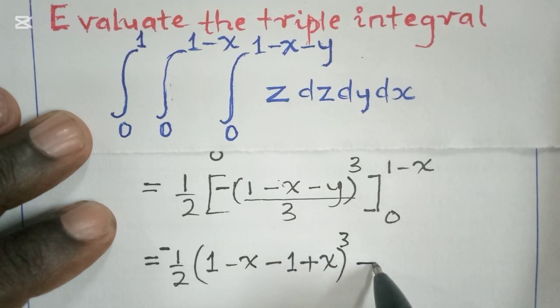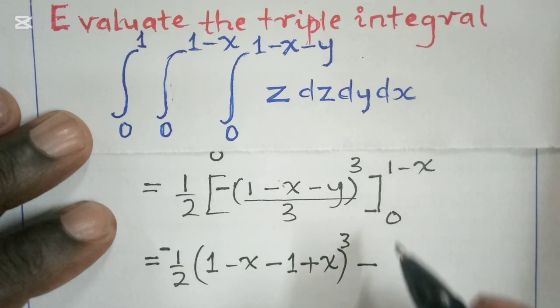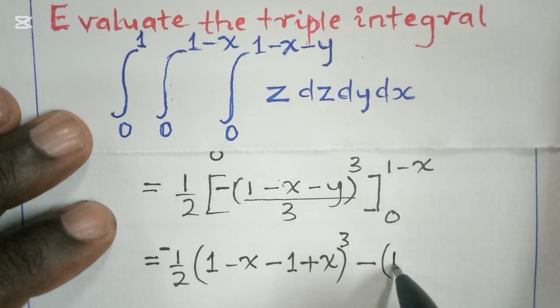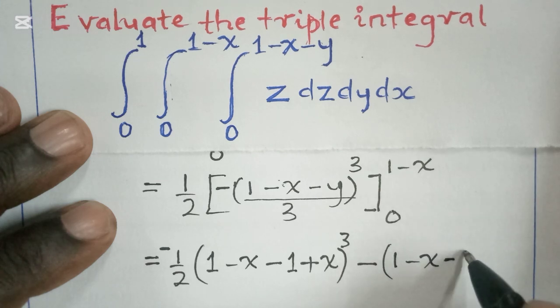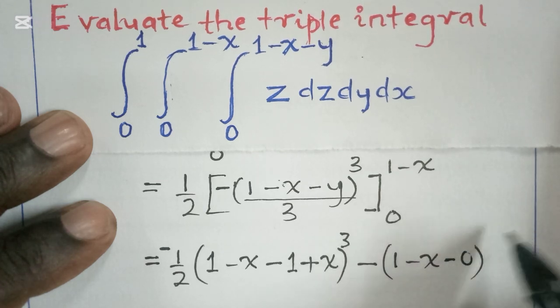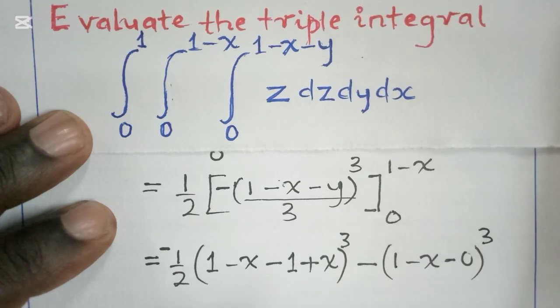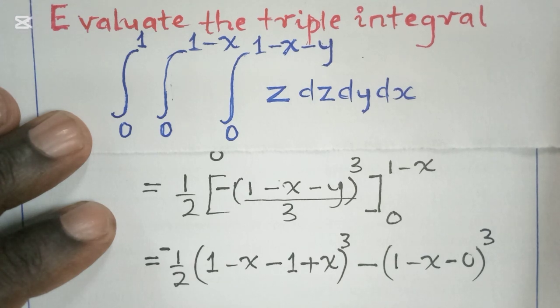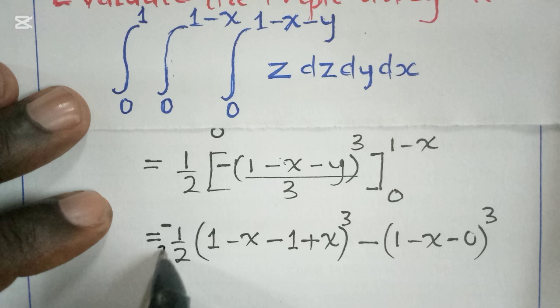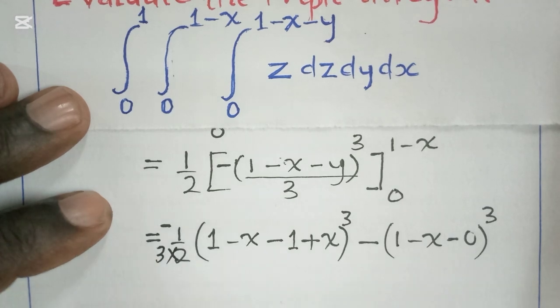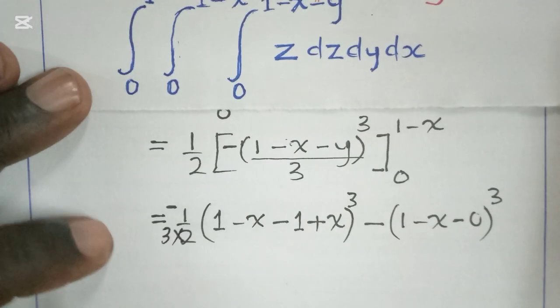Now minus, we replace the lower limit: 1 minus x minus 0, cubed. And of course, our 3 here, we can put it here, so now it becomes -6.